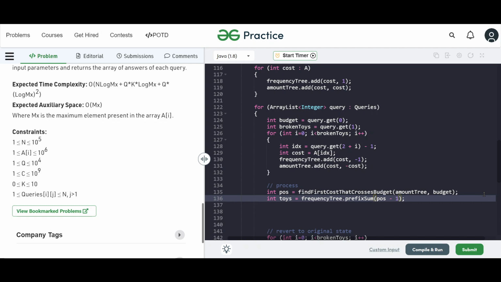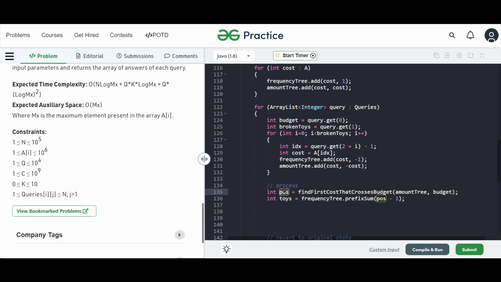So this will give me all the toys up to the previous cost, up to the cost minus 1, right? This is all great. Now for this cost also, it could be that I could buy some toys. Let's say for this specific cost, there are 10 toys, but I can't buy all of them, but we could maybe buy some, between 0 and 10, right?